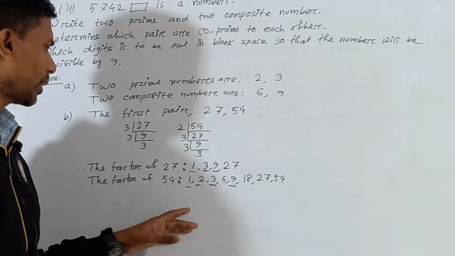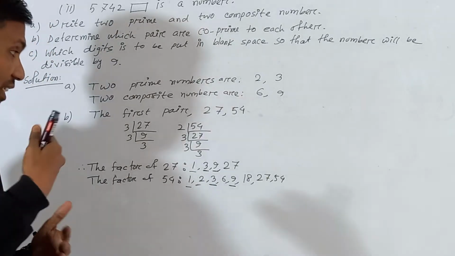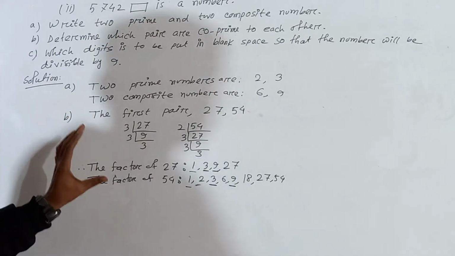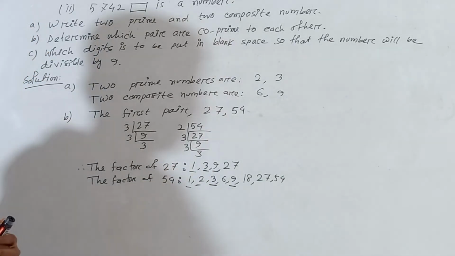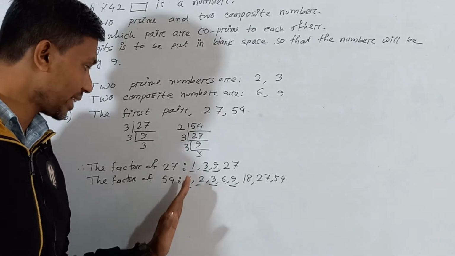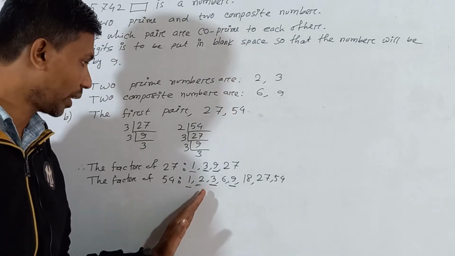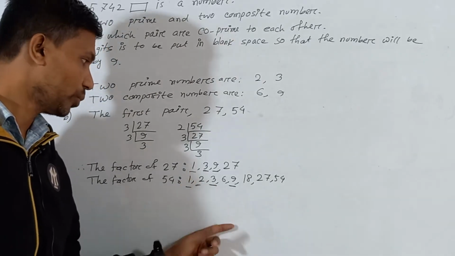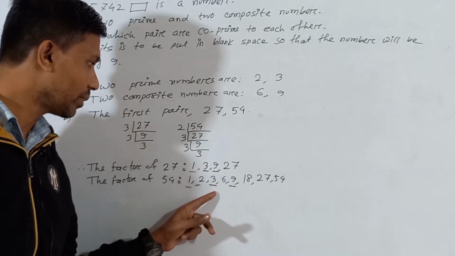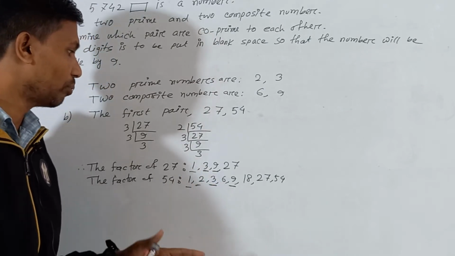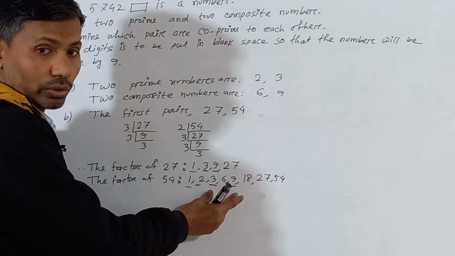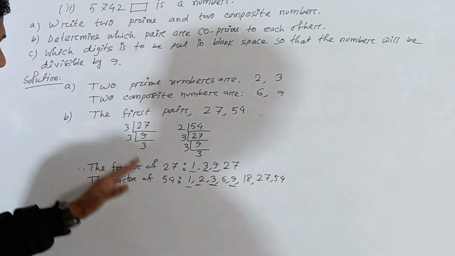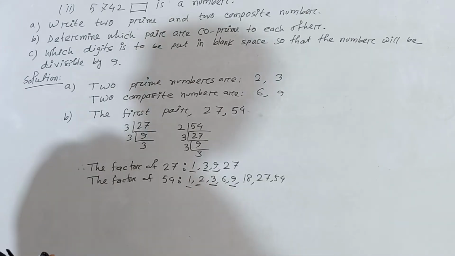If there is only one common factor, that is one, then we call these two numbers co-prime to each other. But here you see, except one, there are more common factors. This is 3 and 3, similarly 9 and 9. Therefore, we can say 27 and 54 are not co-prime to each other.